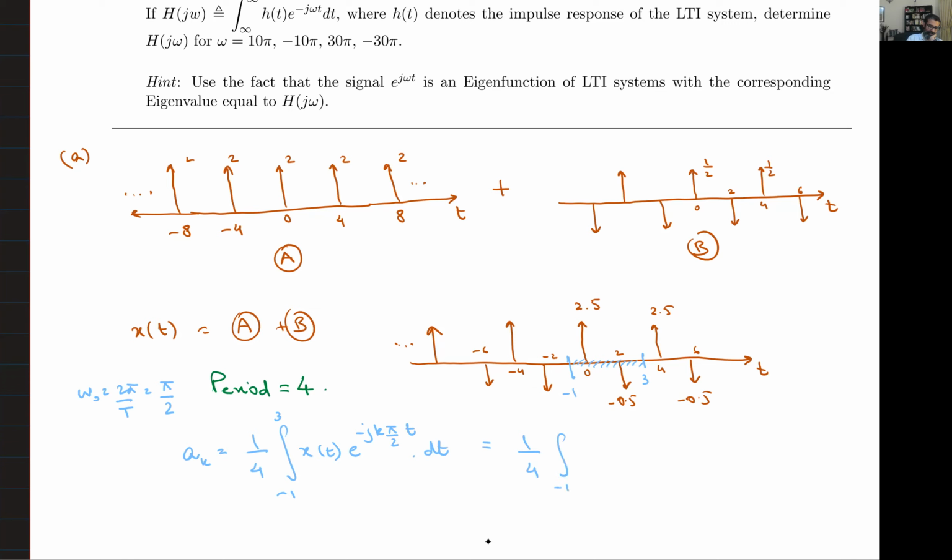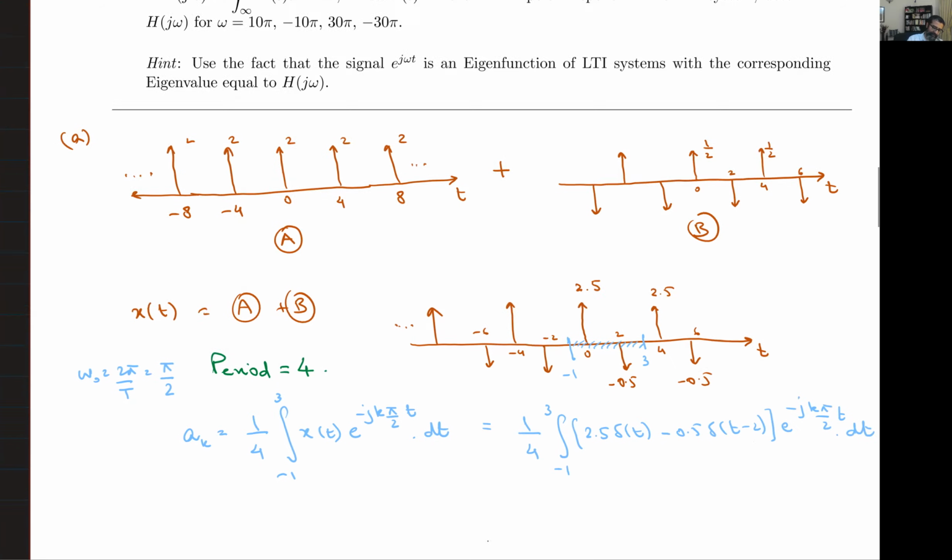This is 1 upon 4 integral from -1 to 3, and within this 1 period there is a 2.5 delta t, and then there's a minus 0.5 delta t minus 2, times e raised to power minus j k pi by 2 t dt.